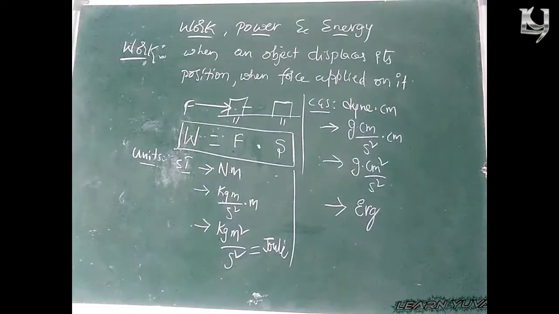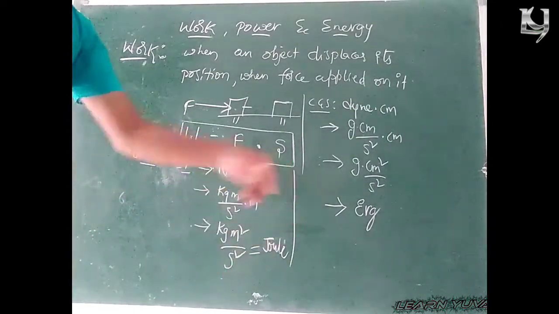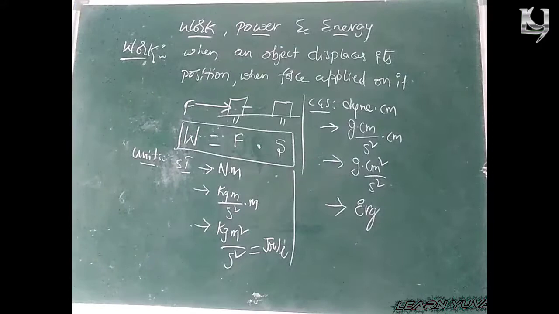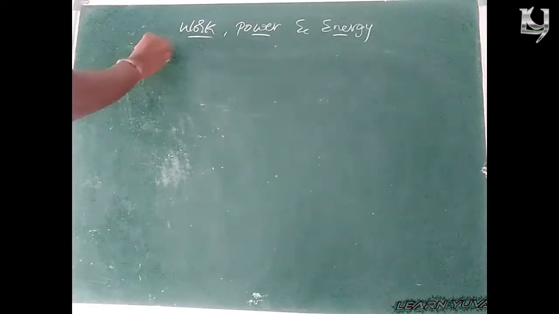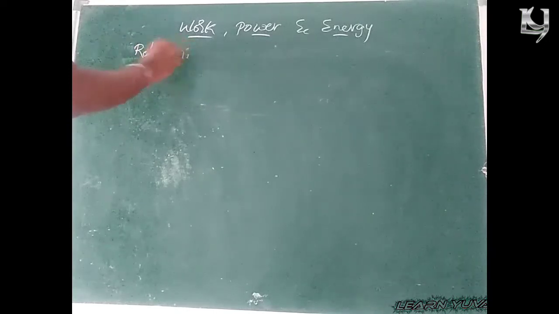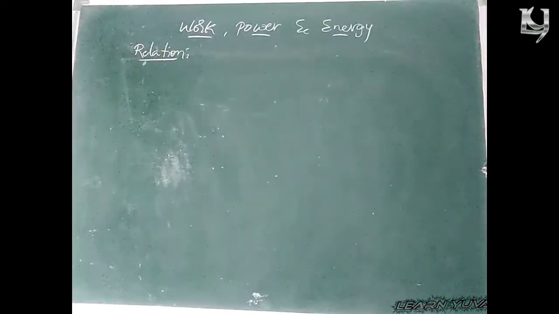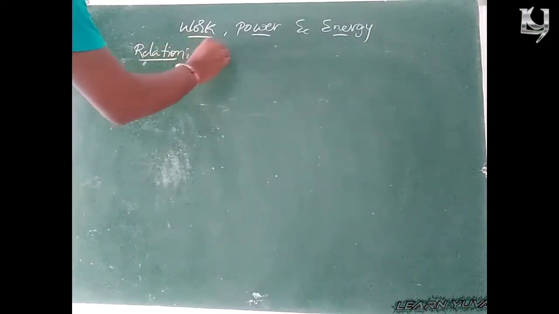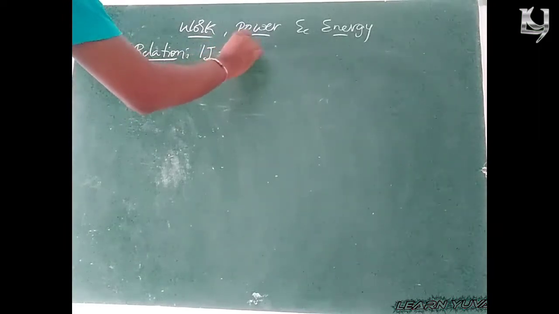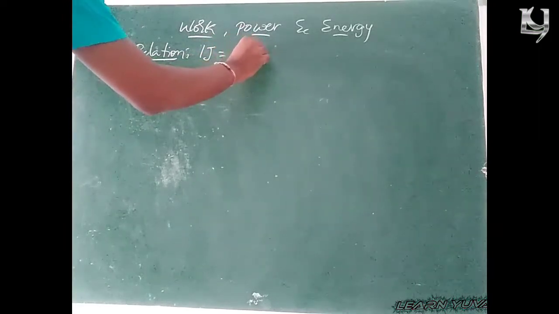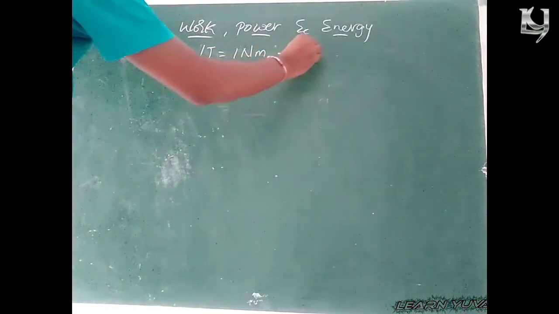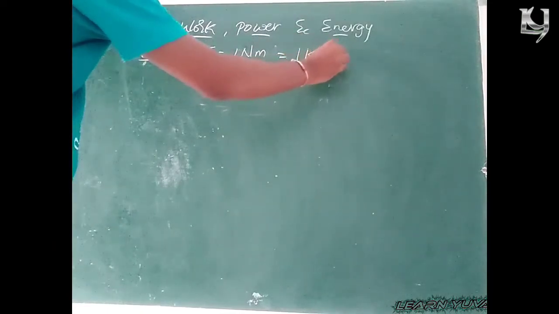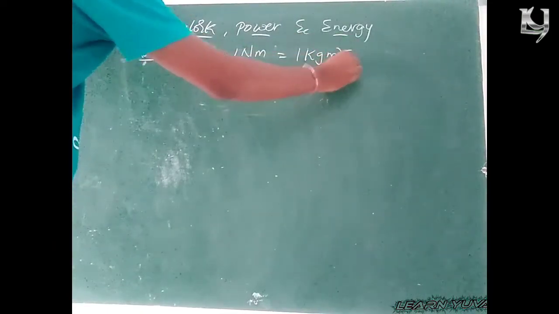And also there is a relation between joule and erg. Let's check how this relation came. 1 joule is nothing but 1 Newton meter, which can be written as 1 kg meter square by second square.